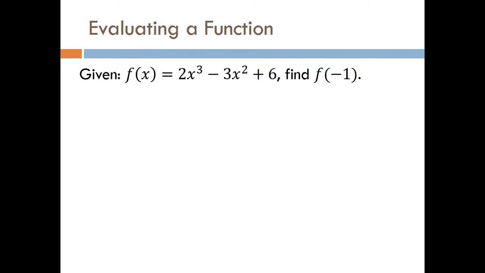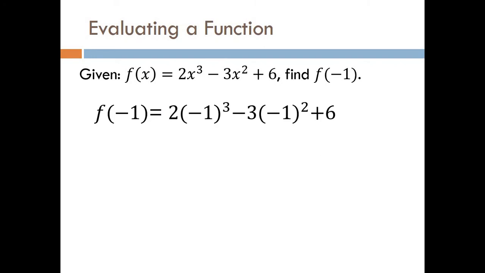You have here f of x equals 2x to the third power minus 3x squared plus 6. And the given input is negative 1. So, we substitute negative 1 for x, and you will have this kind of equation.